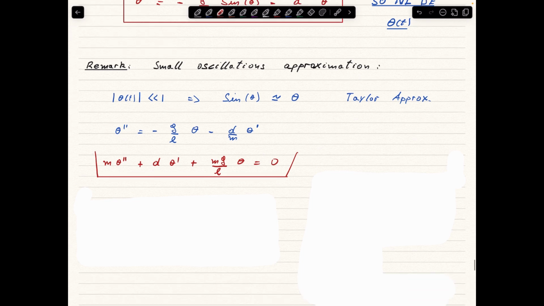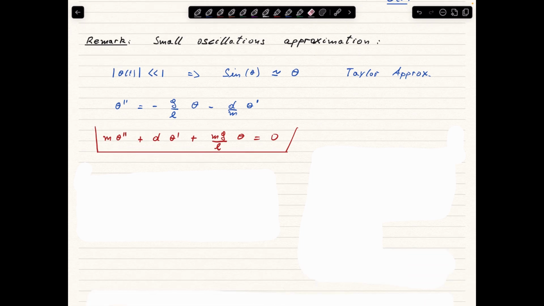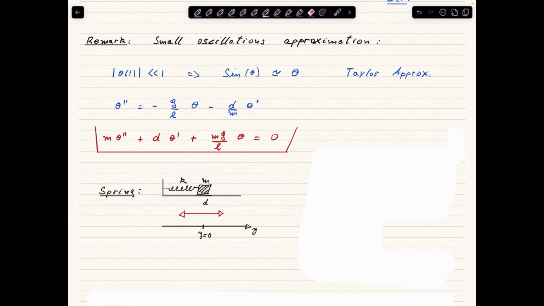So, this equation should be familiar to us because it's essentially the same equation that describes the movement of a spring with constant k and an object of mass m attached, oscillating in a medium with a friction coefficient d. And this is our coordinate system.